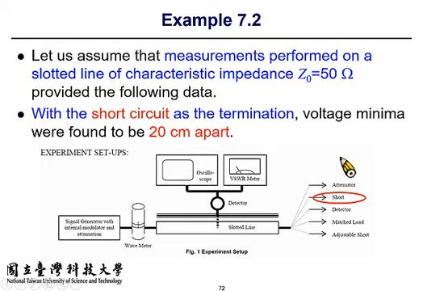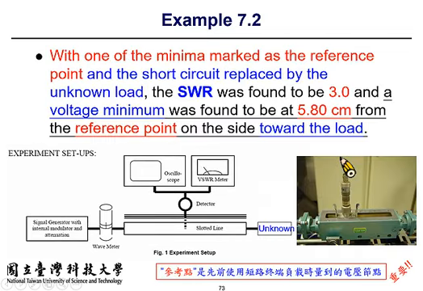Well, the wavelength will be 40 centimeters, because the voltage minimum appears every half a wavelength. Okay, so the next thing is to mark a minimum when you use the short termination as the reference point.